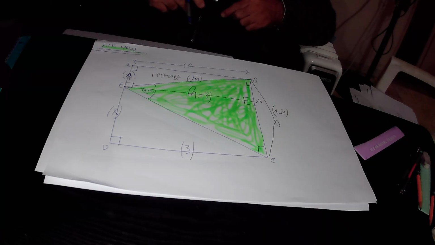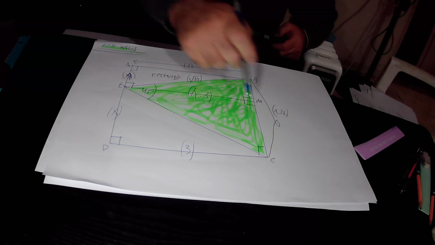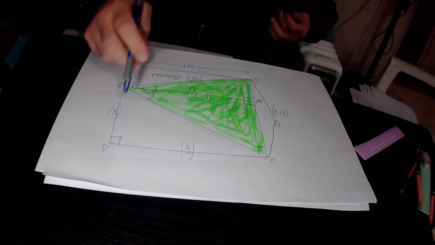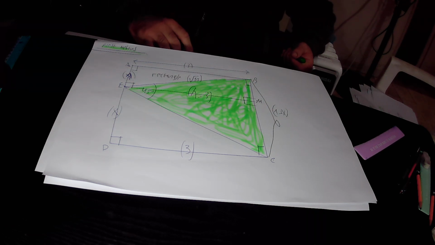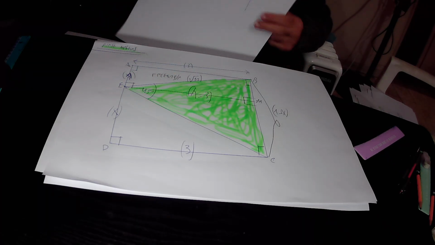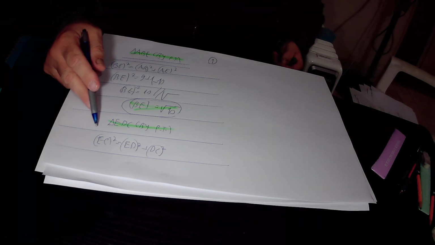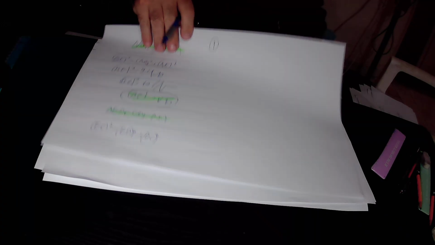In this right lower triangle EDC, according to the Pythagoras theorem, EC squared, that is the square of the hypotenuse, equals ED squared plus DC squared. So write it down: EC squared equals ED squared plus DC squared.